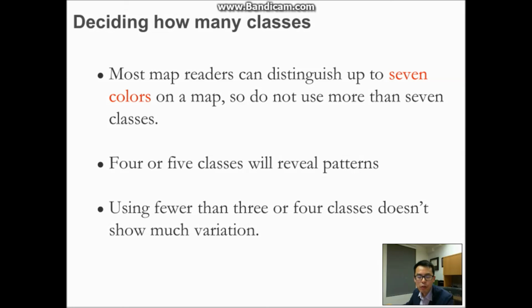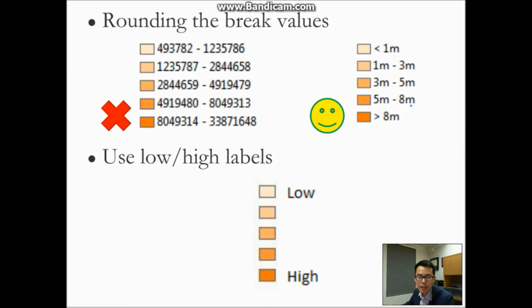I would normally use 4 or 5 classes to reveal the pattern, and if you use 3 or less, that doesn't give you too much variation. And this is exactly what I showed you before. Don't use unrounded break values. Always round the values. Or if you don't want to round them, you can use the low or high labels to show the level of value on the map.